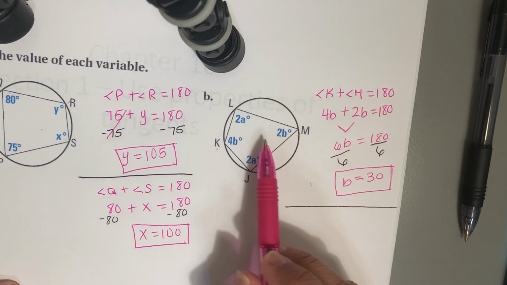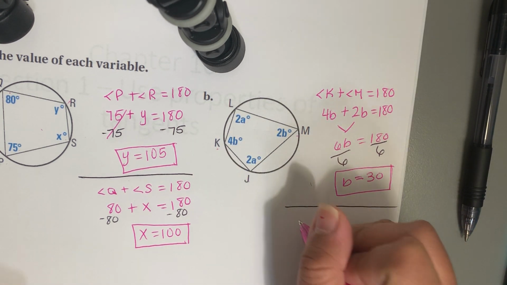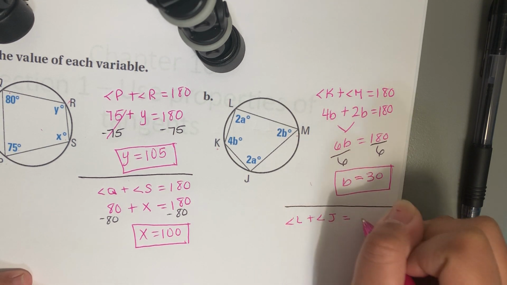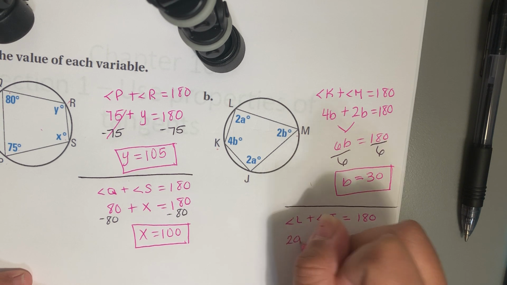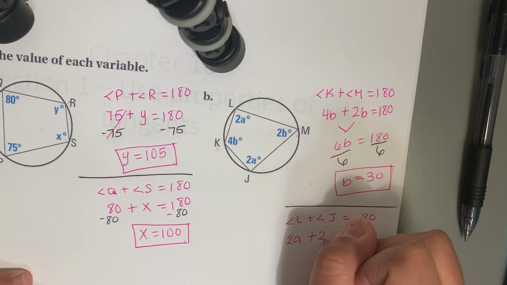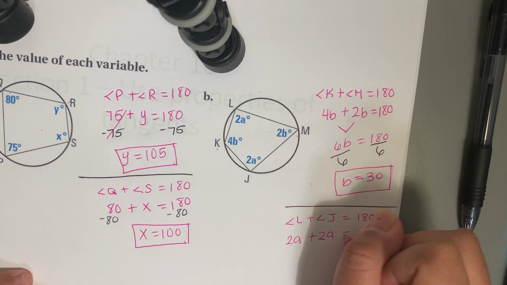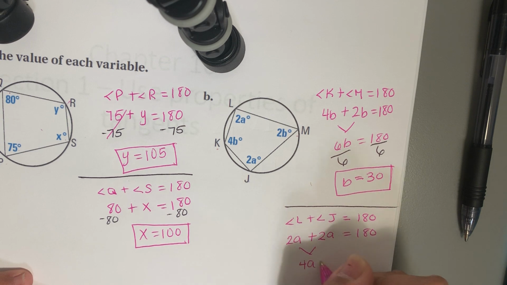And then same thing with L and J. They're opposite. So L plus J equals 180. L is 2A. J is 2A. And it equals 180. Then you combine them.